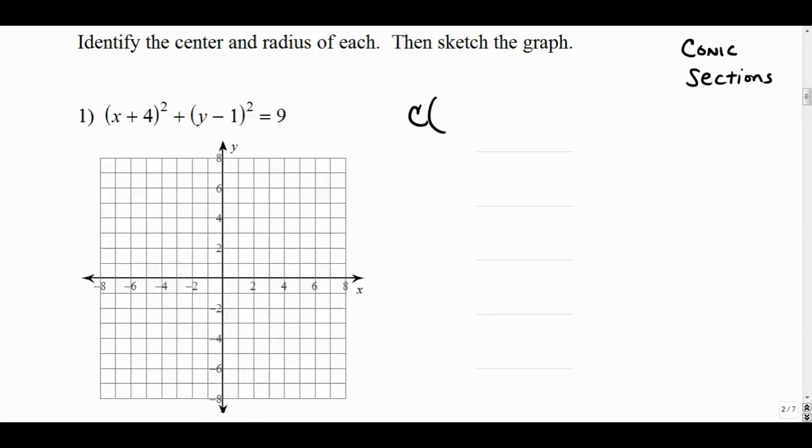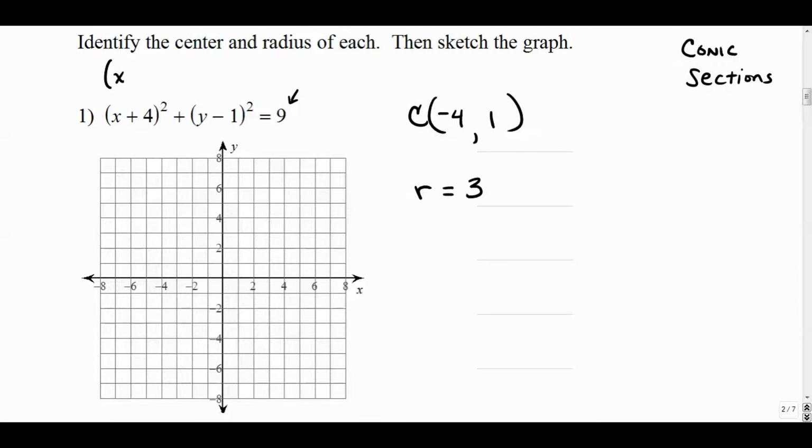So let's call the center point C and we'll call the radius lowercase r. The radius right here is not 9, but it's the square root of 9, because remember, the radius gets squared to get that. The center is negative 4, positive 1.